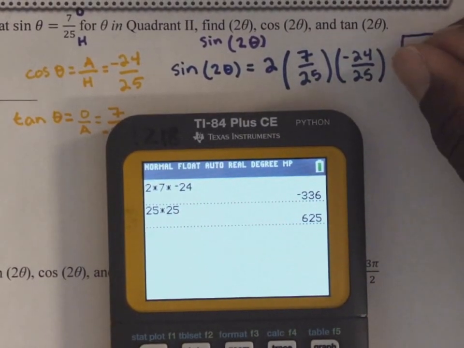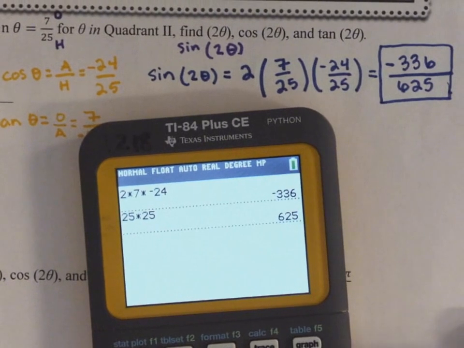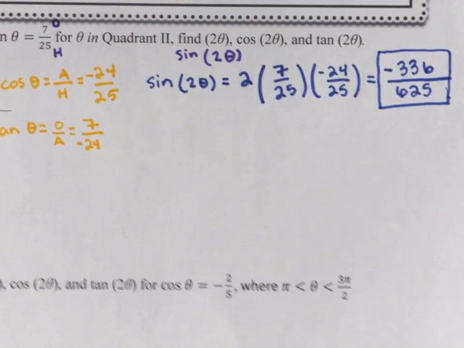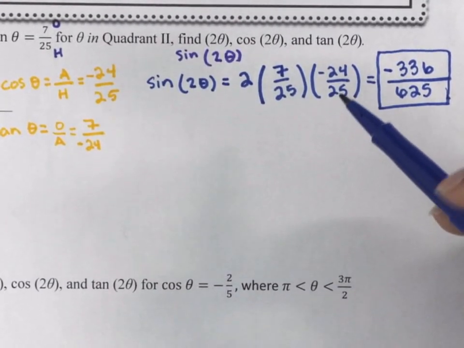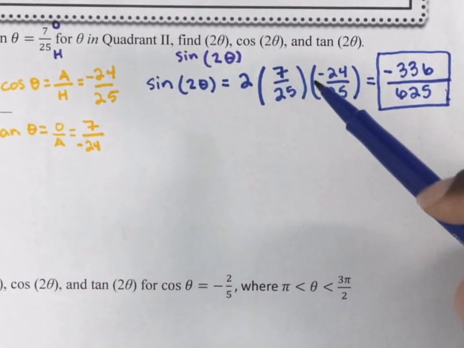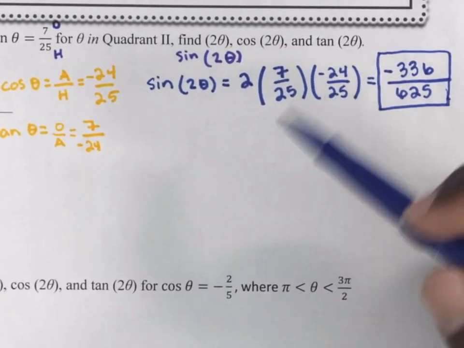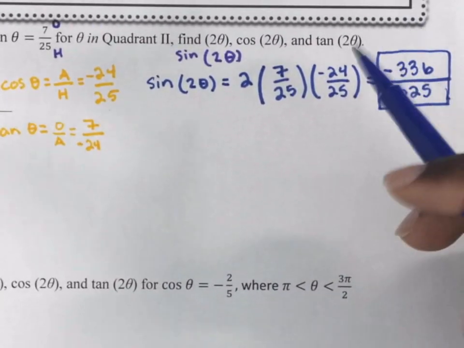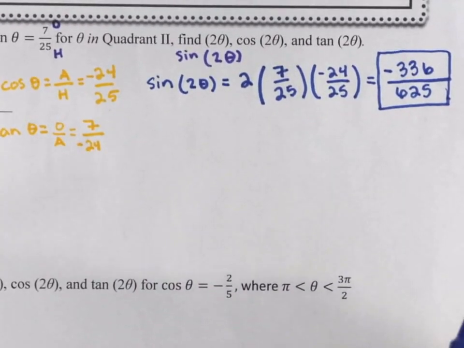And this is the exact value for the double angle. And I don't really have to try to reduce, because if I could reduce, I would have been able to reduce somewhere here. Like I would have said, oh, 24, 24, those cancel out. But I don't have anything I can reduce here.